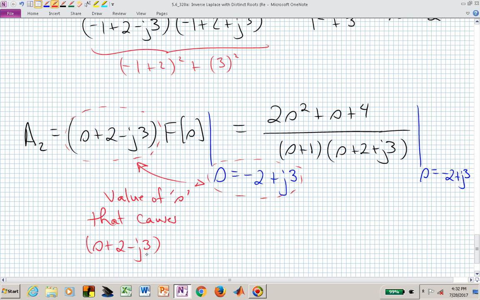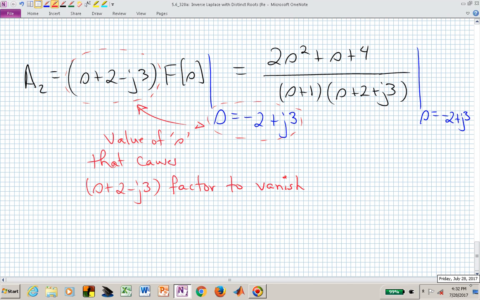That's what we're evaluating at. We're evaluating at the value of s that causes that factor to vanish. And that's how we will now find A sub 2.